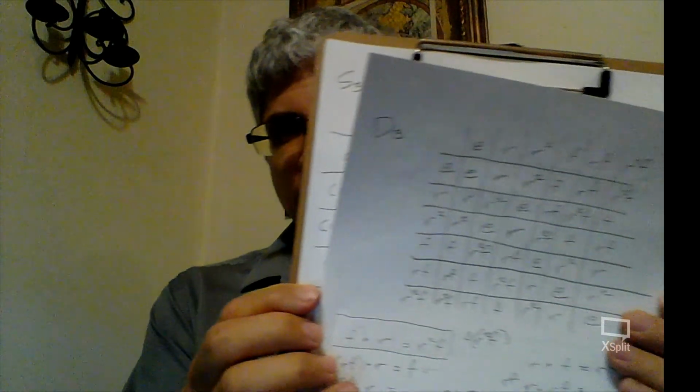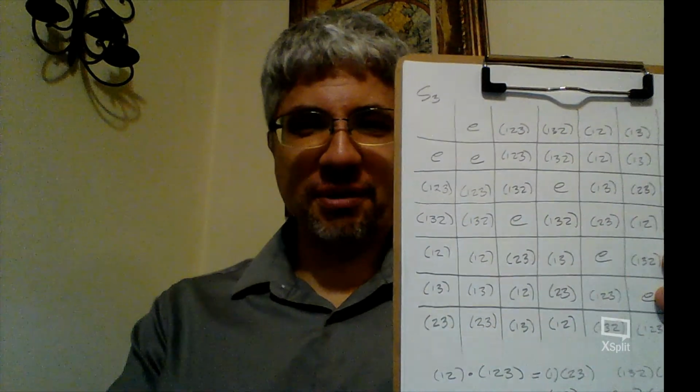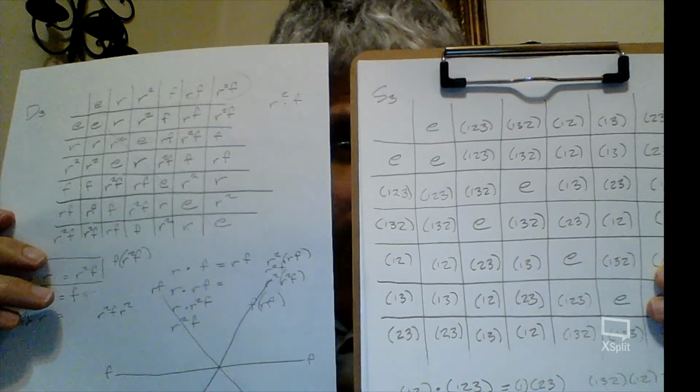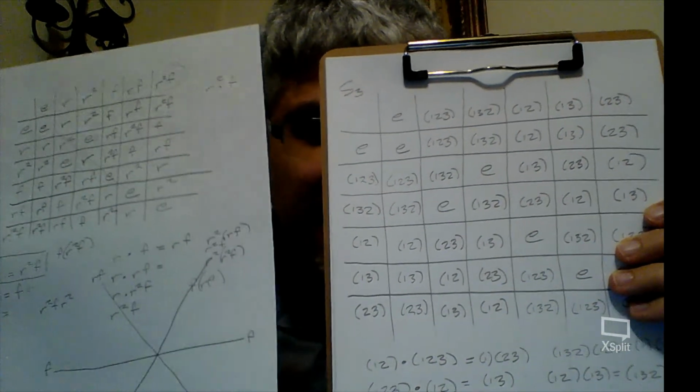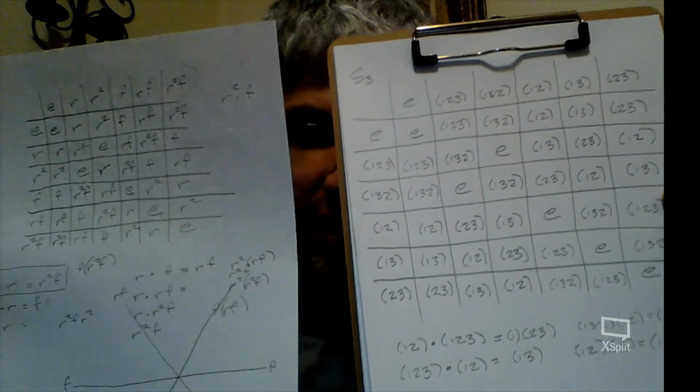Well, we could fix that. Okay. So what I want to do is cover up my face. If I can't see you, you can't see me, right? There we go. Okay. So I want you to look at these two tables carefully.